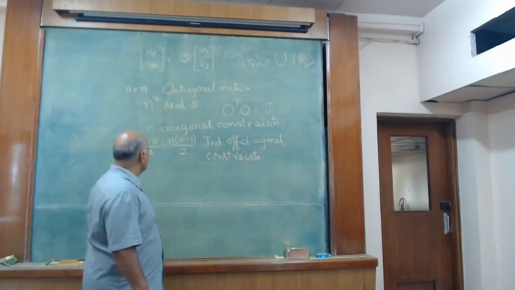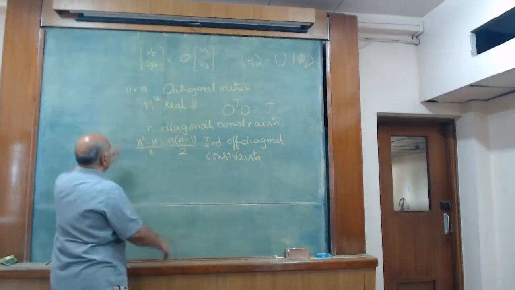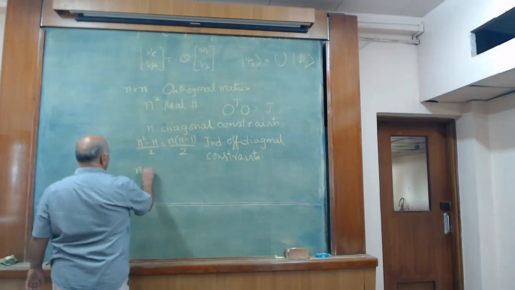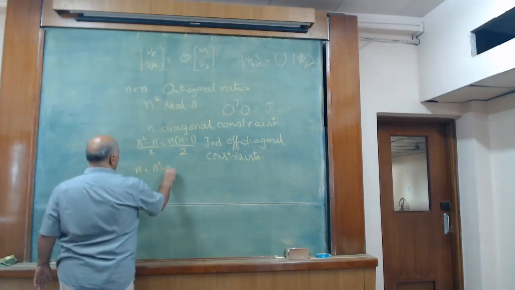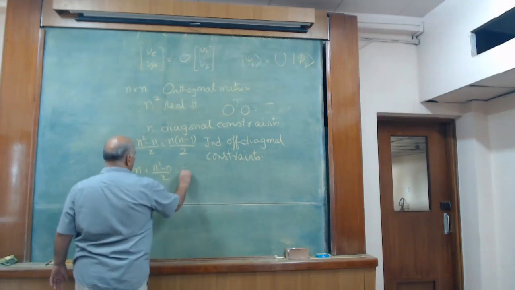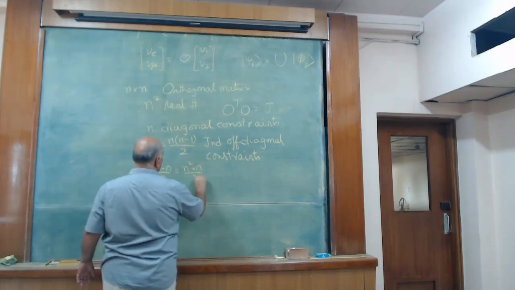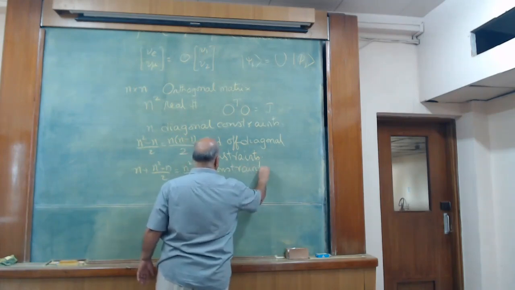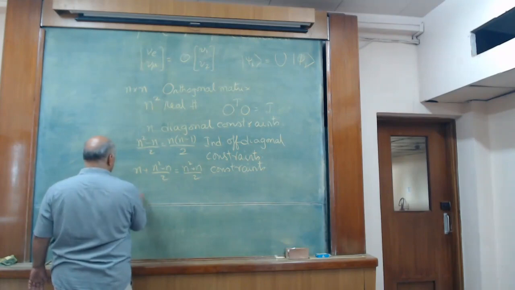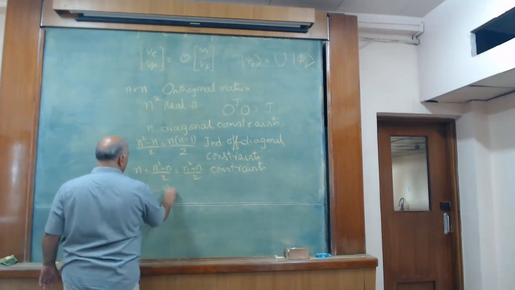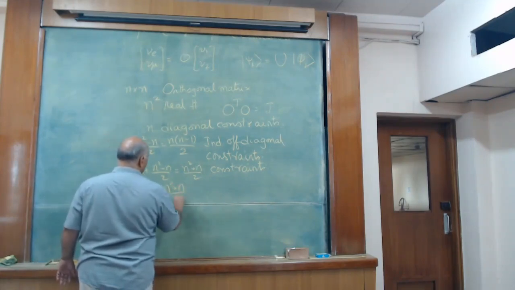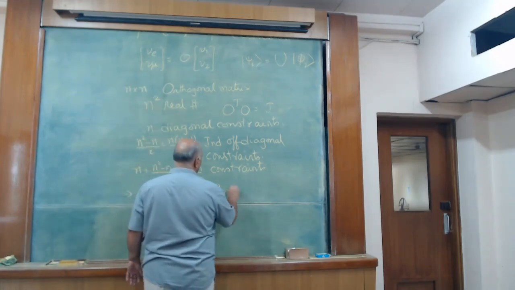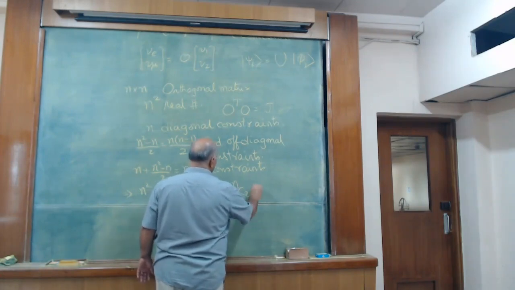So there are n square numbers and n plus n square minus n by 2 constraints, which is n square plus n by 2 constraints. Which implies n square minus n square plus n by 2, which is n square minus n by 2, which is nC2.